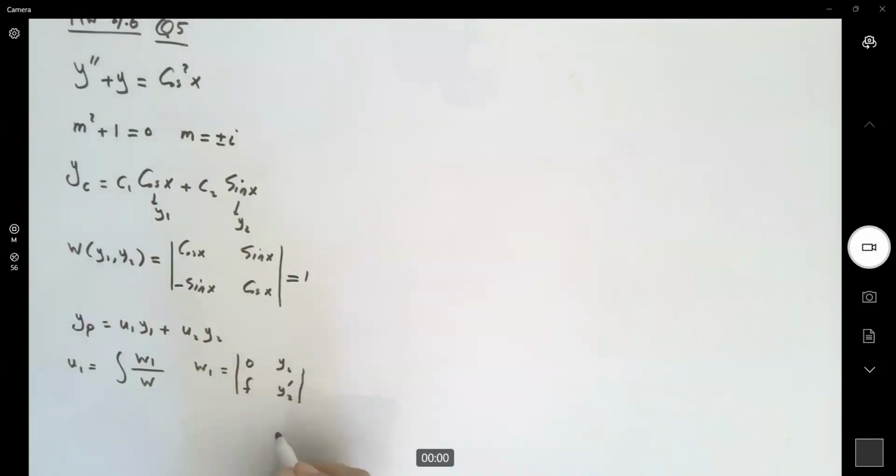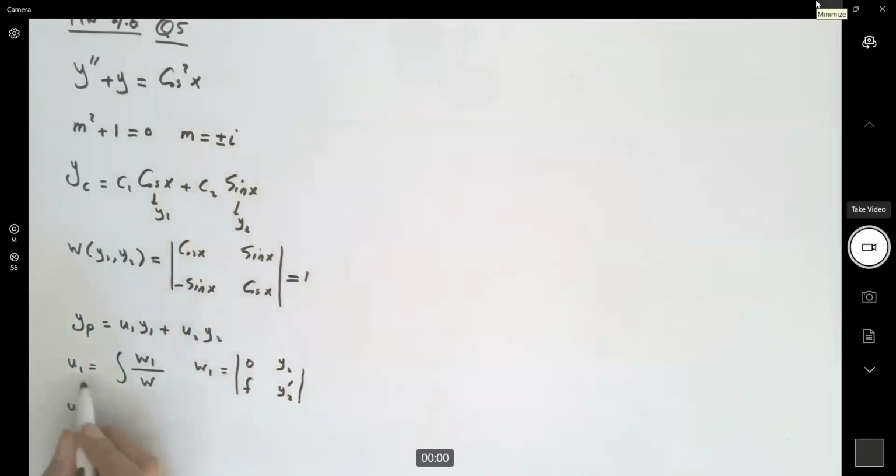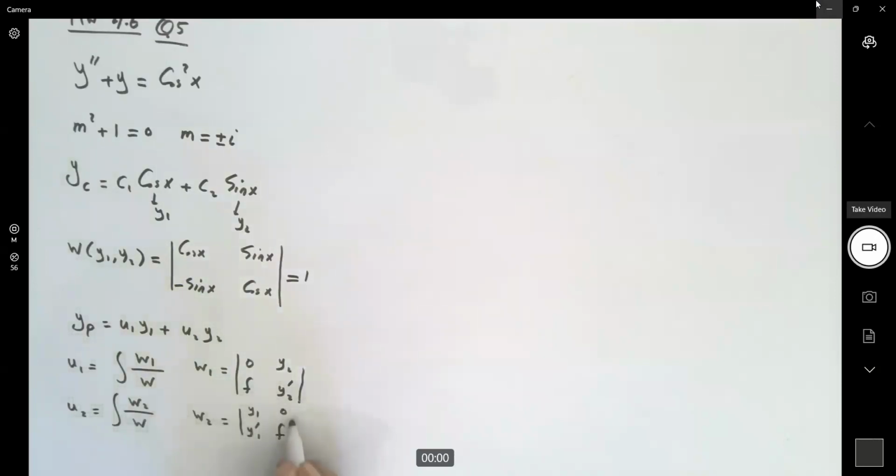For u1, we're using y2. To find u2, you have the integral of W2 over the general Wronskian, and W2 is equal to, well, here you're going to use y1 and the derivative of y1 and 0 and f. Step by step, we find each one of these, and we find u1 and u2.